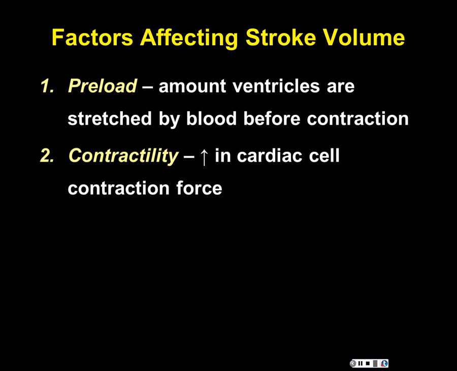Thinking ahead, what do you think could change cardiac muscle contractility? What could cause a cardiac muscle to beat stronger? Not the speed, but the force of contraction. What can cause a heart cell, which should always contract, to contract more strongly? We can activate more cross bridges.